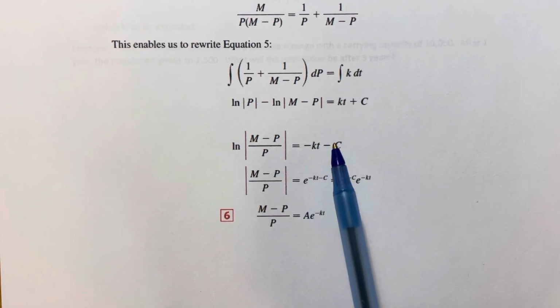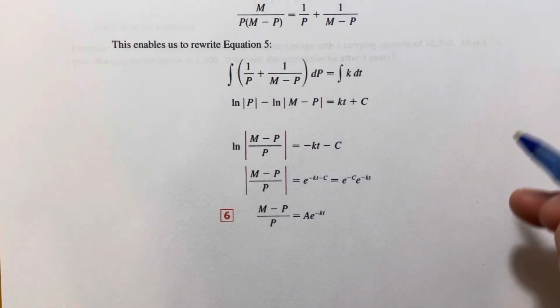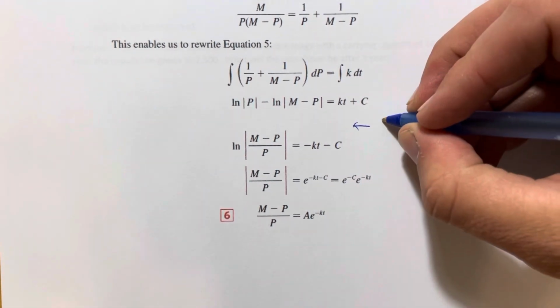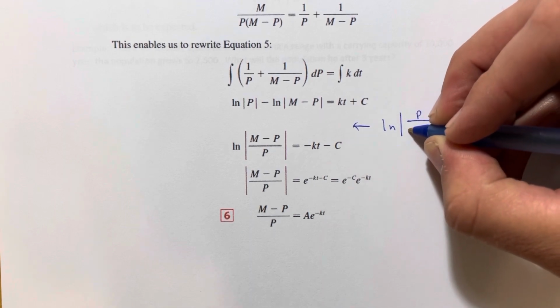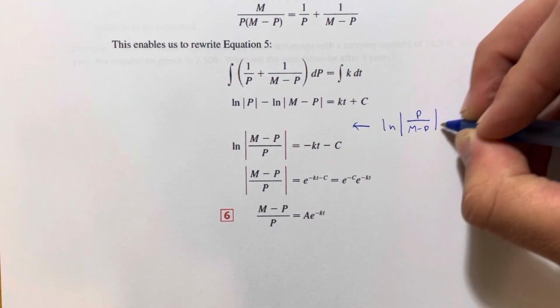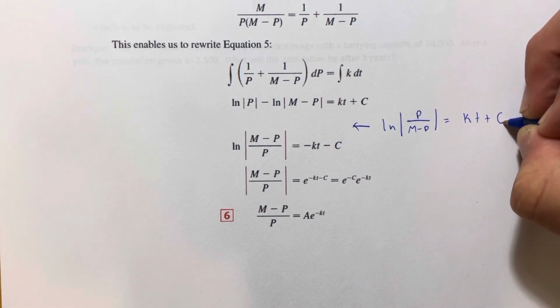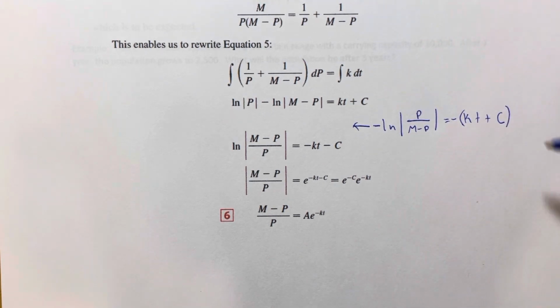But if you also notice, the right-hand side has changed as well. So the right-hand side, it looks like I multiplied it by a negative. So what's really happening here is I would have had the natural log of p over m minus p equals kt plus c, but then both sides were multiplied by a negative 1.